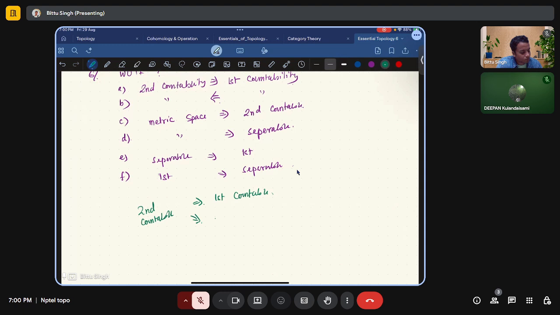But second countable will also imply separability. Something is second countable, that means it is separable. Is it true?